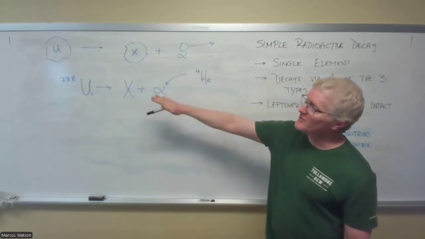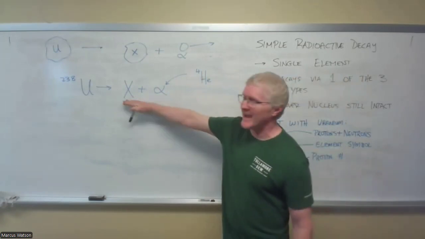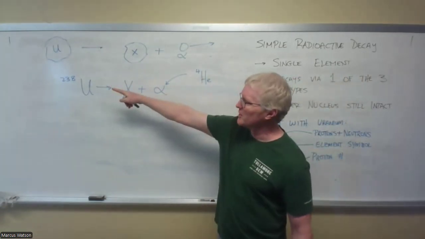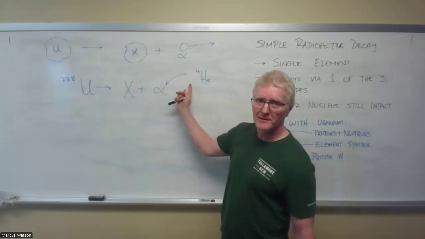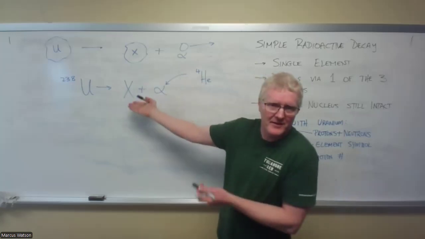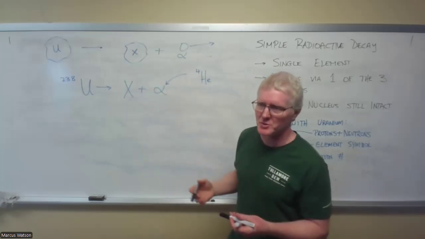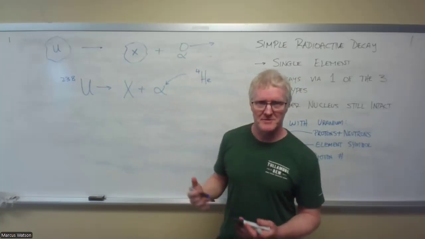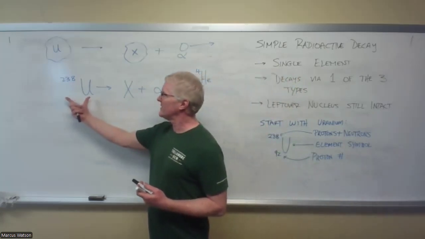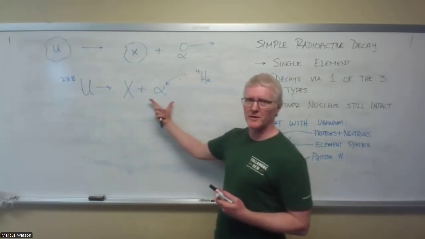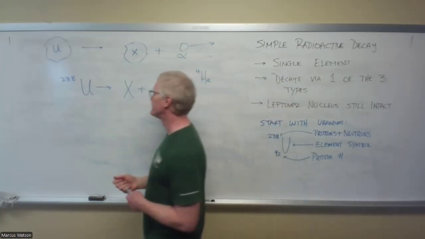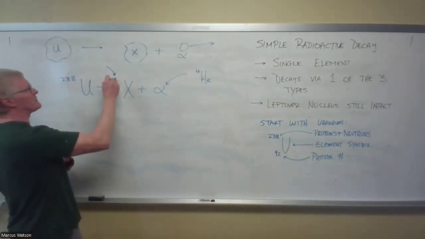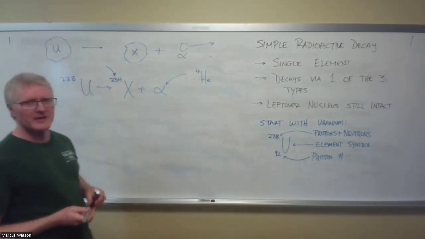Nonetheless, we can see what the isotope of X is going to have in terms of total protons plus neutrons. That's going to be 238 minus 4, because they're still there, right? You have to conserve the number of protons plus neutrons. So the number on this side is going to equal the number on this side. That means this thing should be 234, right here.